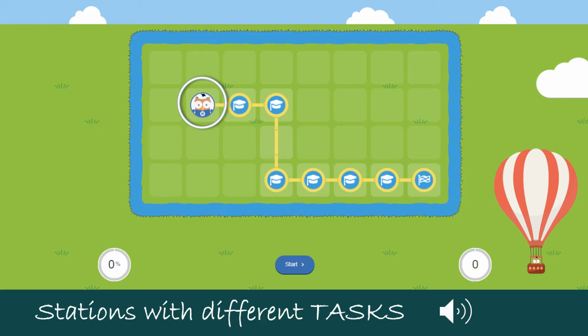Students can use their mobile devices to click on the stations and finish the tasks set by the teacher. Students are also able to decide on their own pace in finishing the learning tasks. There's absolutely no rush.